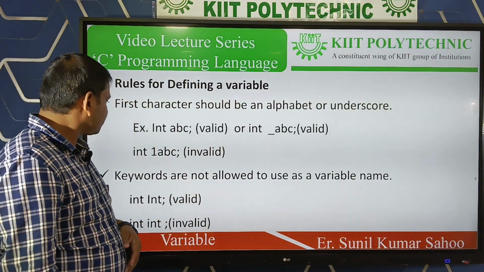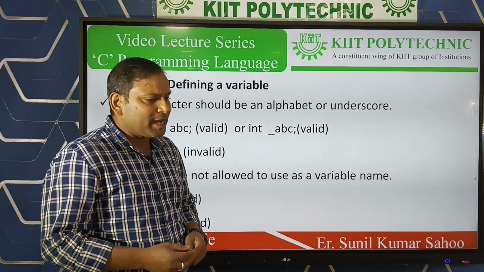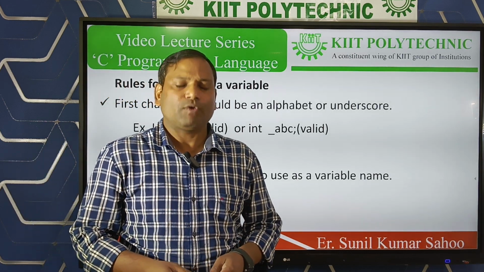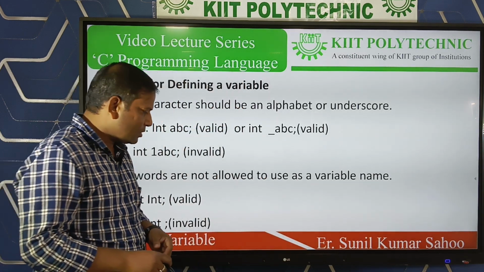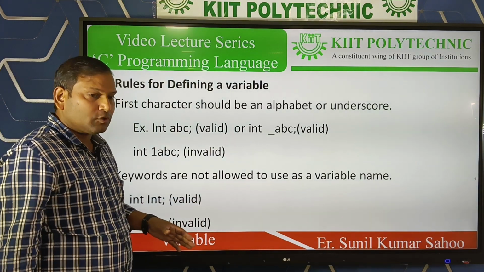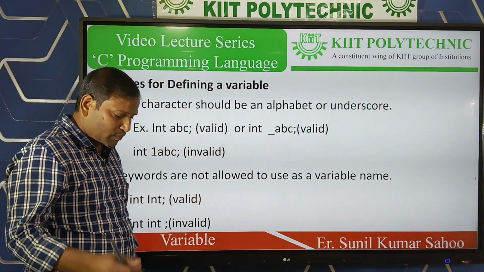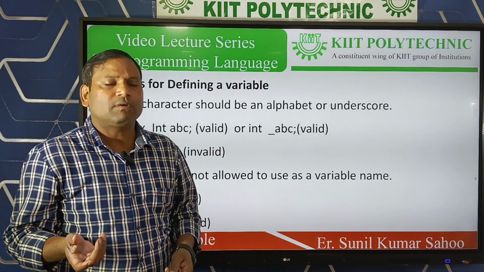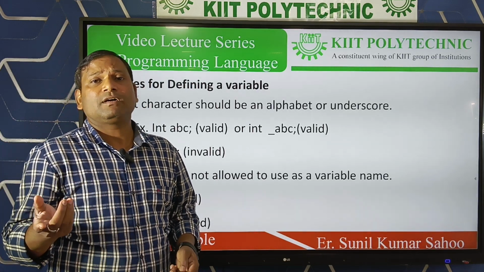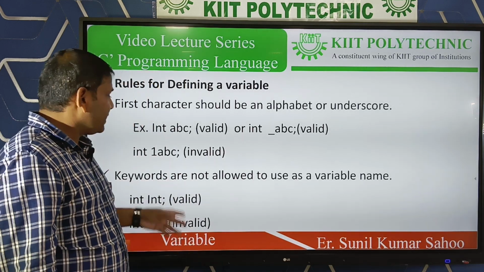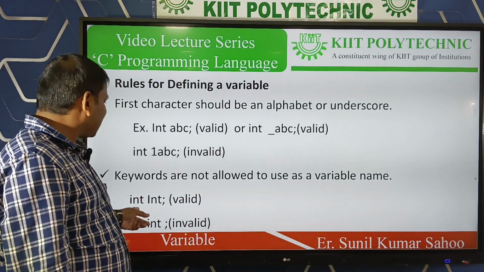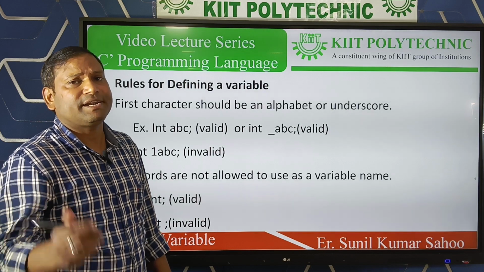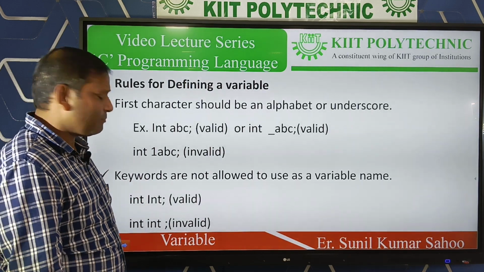Next, a variable name cannot be a keyword. Whenever you declare a variable, it should not be a keyword. Keywords are certain words in C language that cannot be changed by the programmer. int is a keyword, so using the int data type we cannot declare a variable named int.